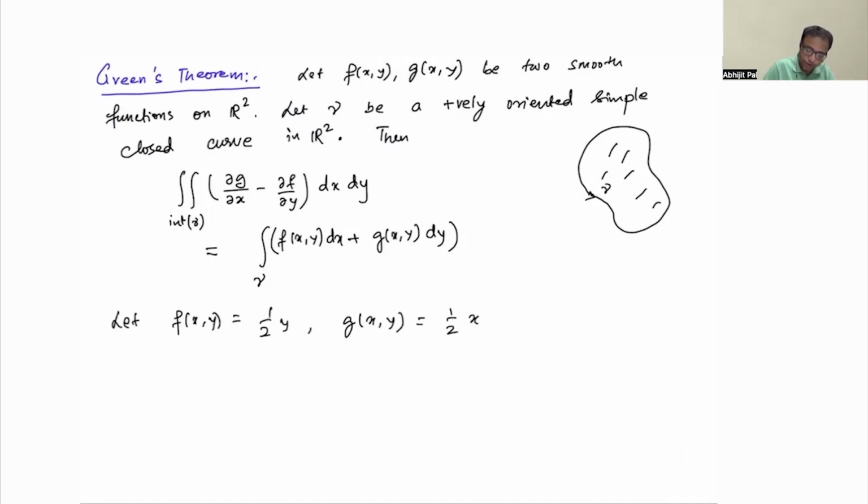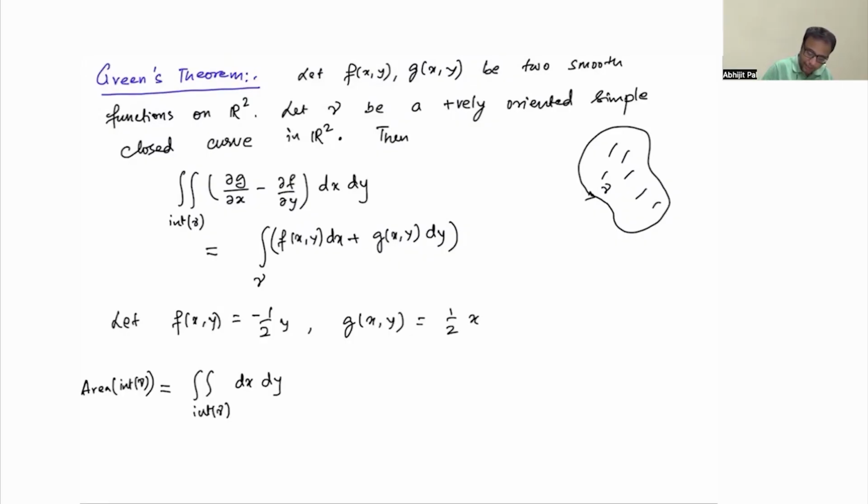If we put these functions in the above equation, then del g by del x minus del f by del y will be equal to 1. Then this integral, by the definition of area, is the area of the region bounded by this gamma.